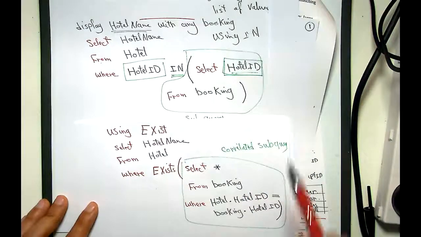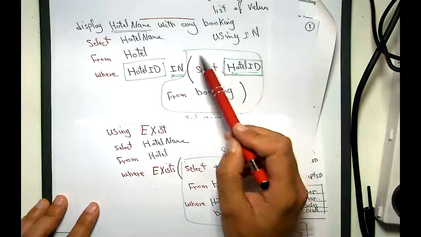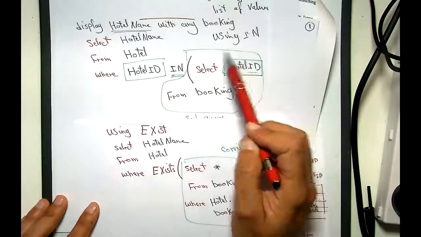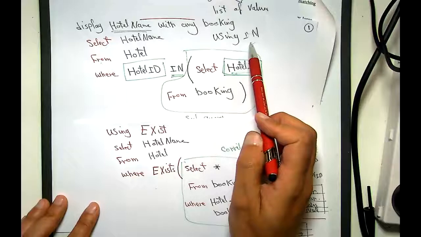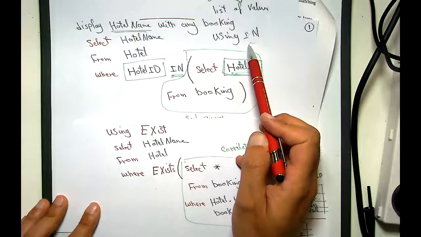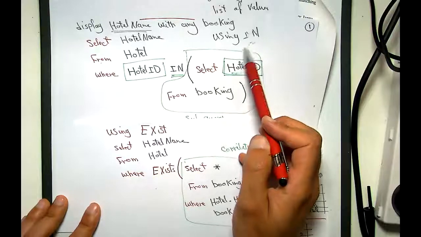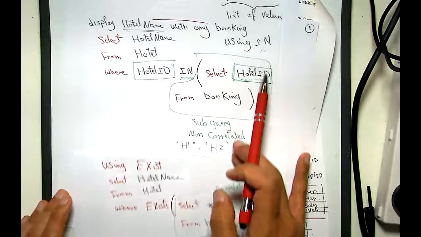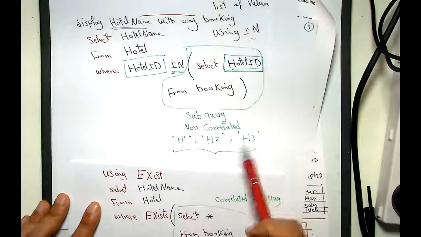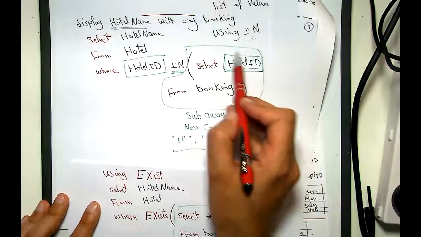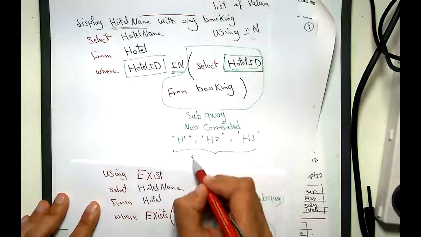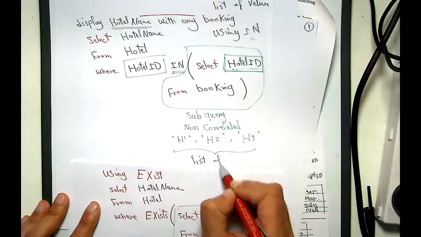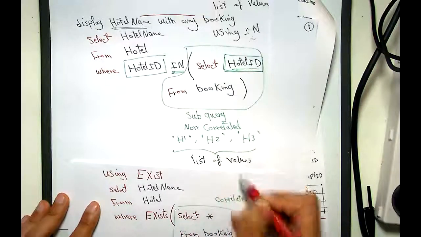Another difference, what is the return of the subquery using in? Yes? What is the return of the subquery using in? It is a list of values. So the return of the subquery is list of values.